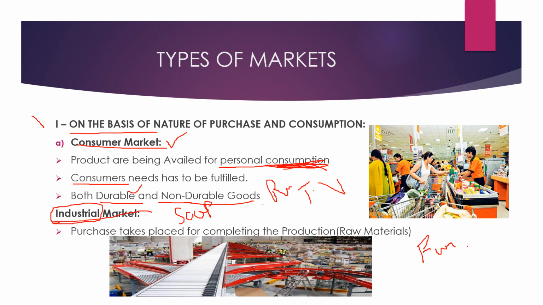They complete the production through raw materials. So the industrial goods are processing goods. In the industrial market, there are organizations' markets, and e-commerce is also included in industrial markets. And then we can move to the next slide.